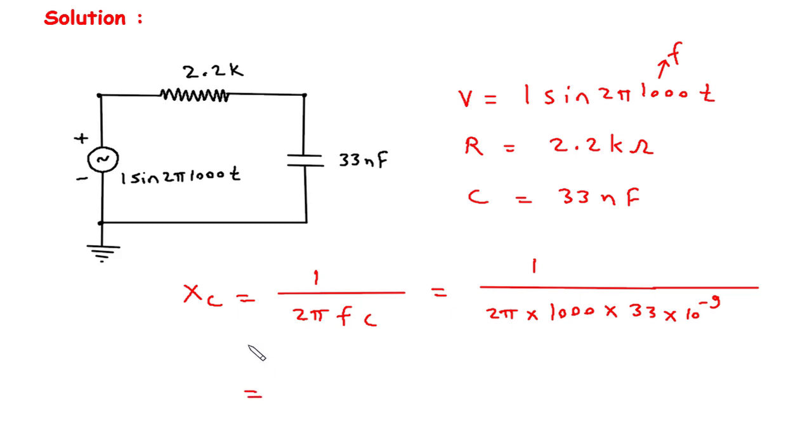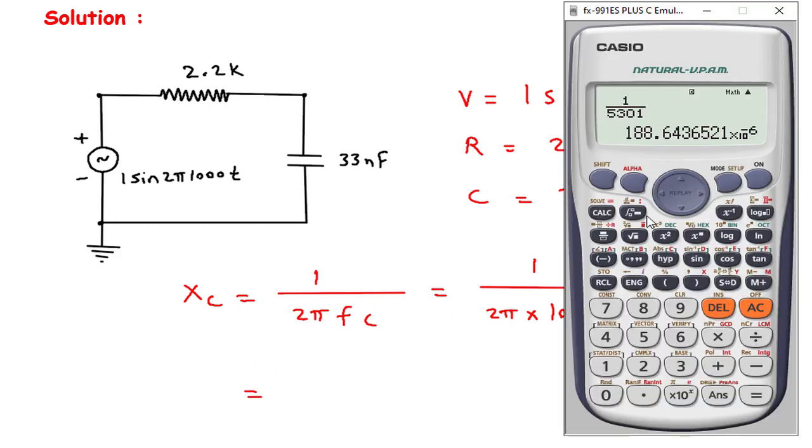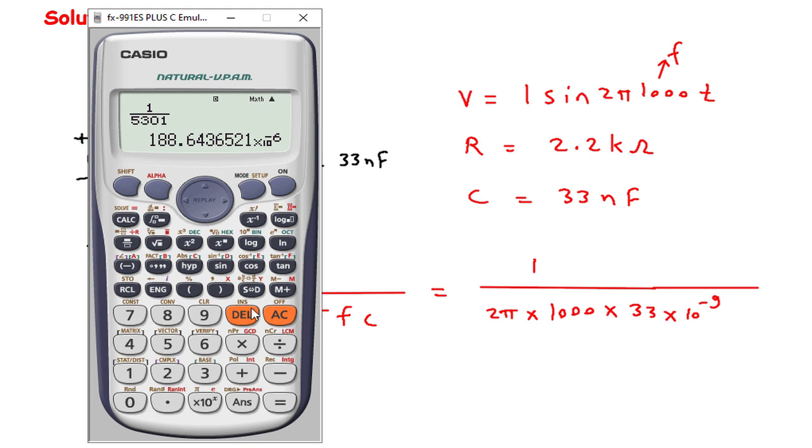So, XC is equal to 1 upon 2 pi multiplied by 1000 multiplied by 33 multiplied by 10 to the power minus 9.